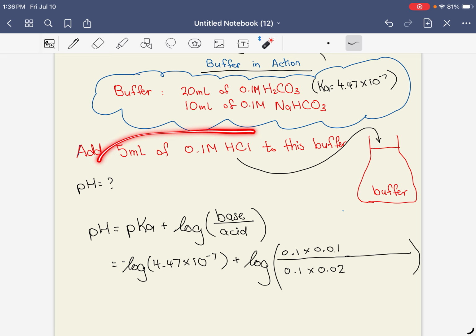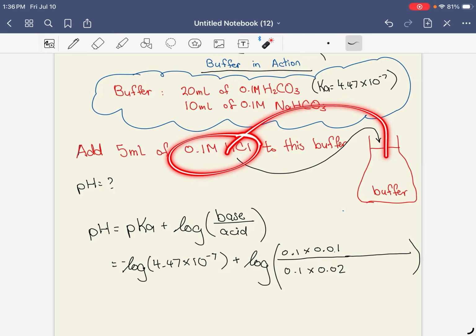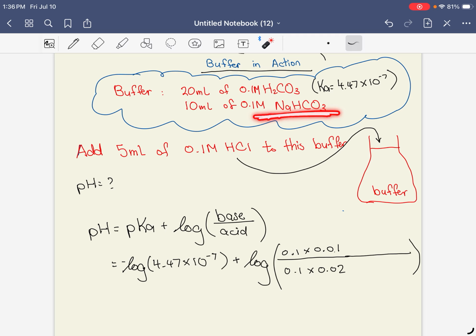However, after adding 5 milliliter of HCl, which is a strong acid, I can tell you right now that the final concentration of base and the final concentration of acid is not the same anymore. Now, think about this. You're adding acid in here. What the acid is going to do is that it will react with your conjugate base.